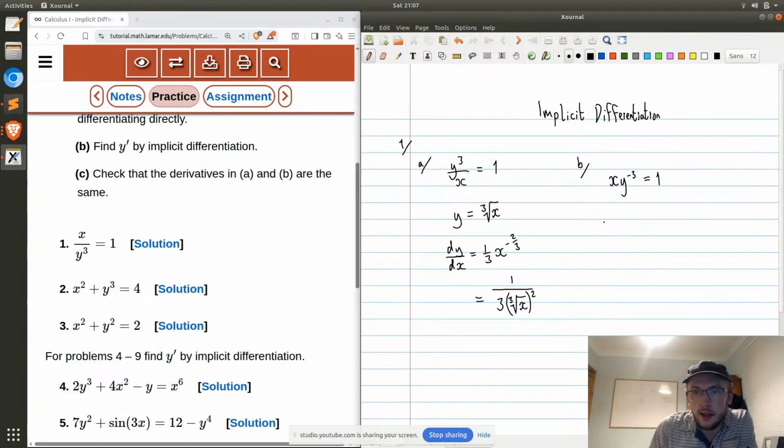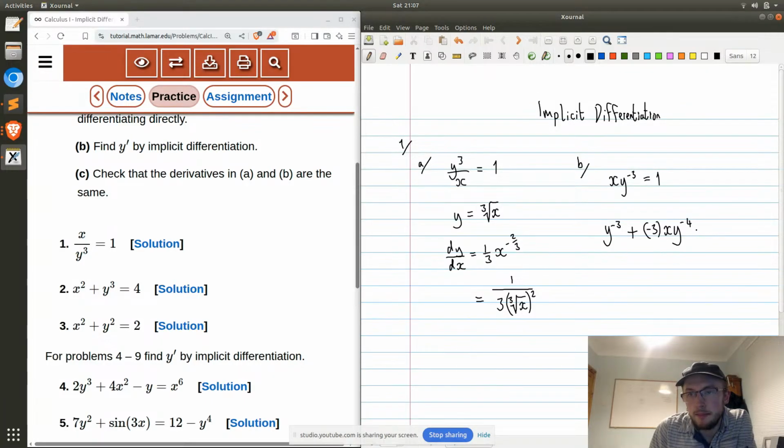Differentiate the first one, leave the second one alone, plus differentiate the second one, leave the first one alone. So we get x like that.